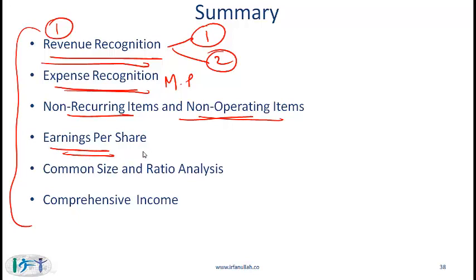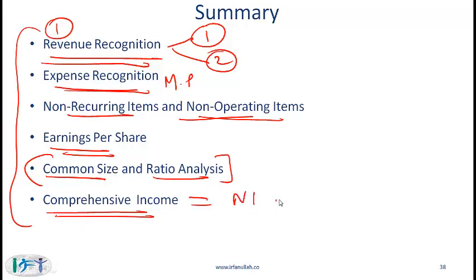So make sure you understand all the examples that we talked about. Common sized income statements and ratio analysis. These are tools that we use to analyze the income statement. We talked about them briefly here. Later, there will be a reading on the analysis of financial statements, which will cover these items in more detail. And finally, we talked about comprehensive income, which is equal to the net income plus OCI.